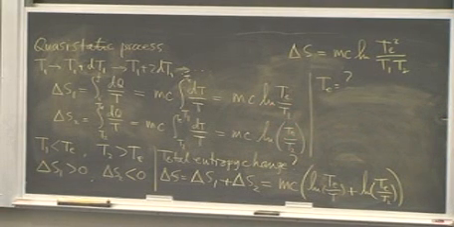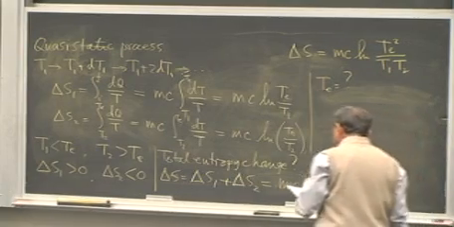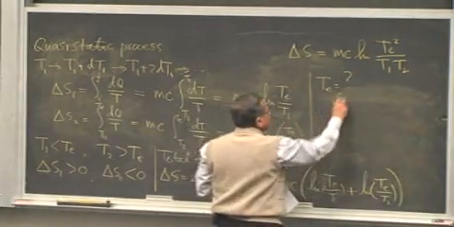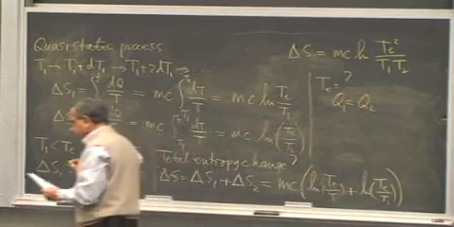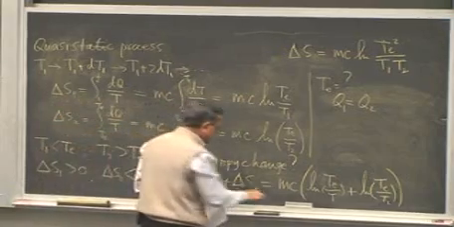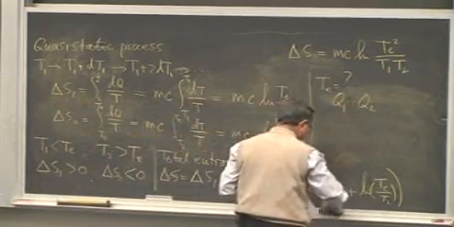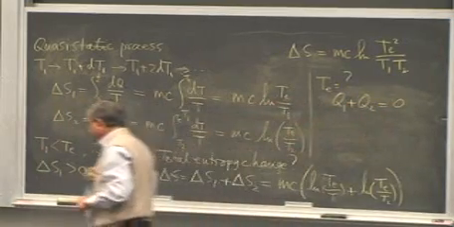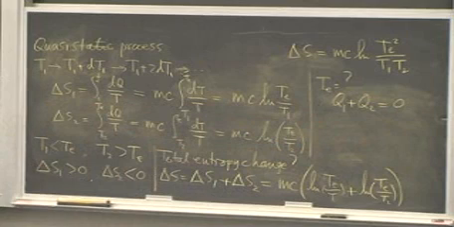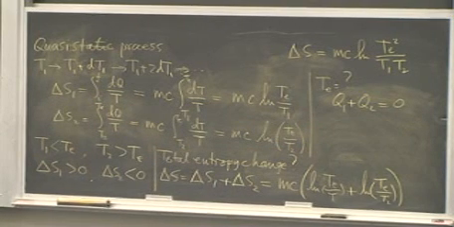Te would be determined by saying Q1 plus Q2 should be equal to 0. The heat going in from this situation into this situation should be the same as the heat going in from that situation into this situation.